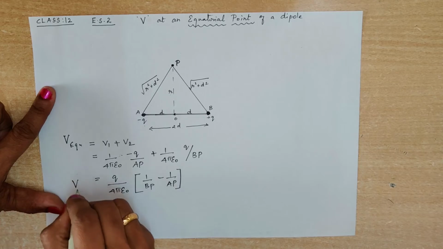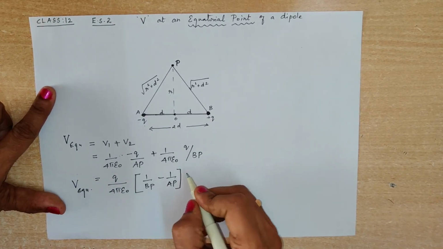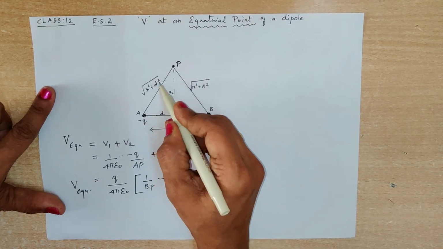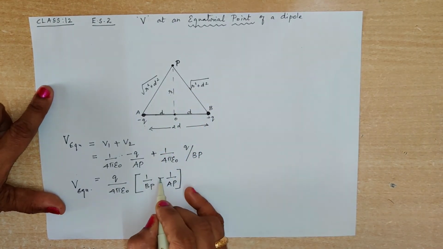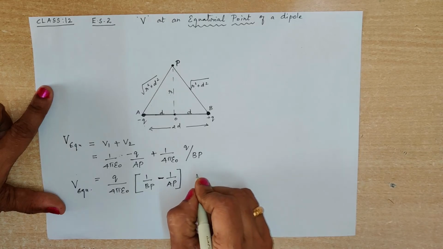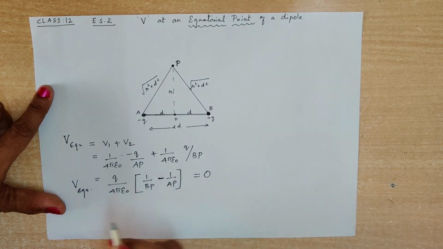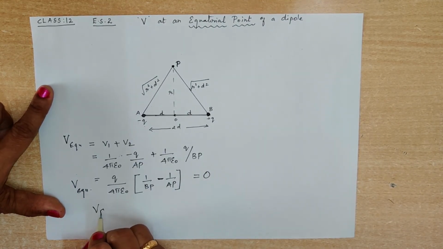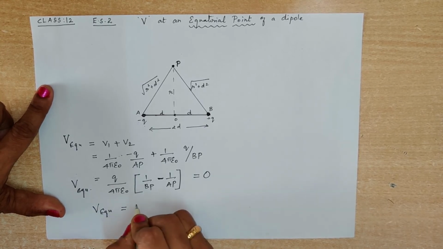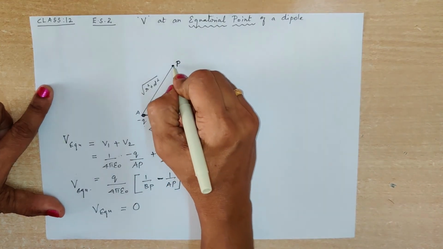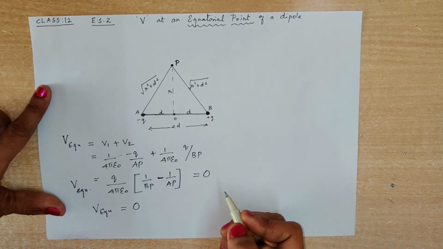We need not substitute and check; directly we can say this is square root of r square plus d square, and this is also square root of r square plus d square. The subtraction of the terms will definitely give you 0. Therefore, the potential at the equatorial point of a short dipole is 0 for the fixed point P.